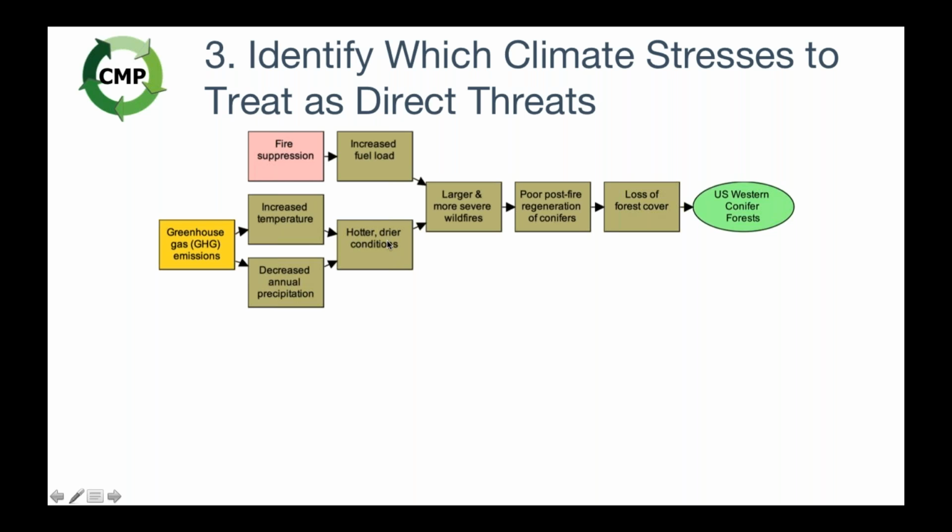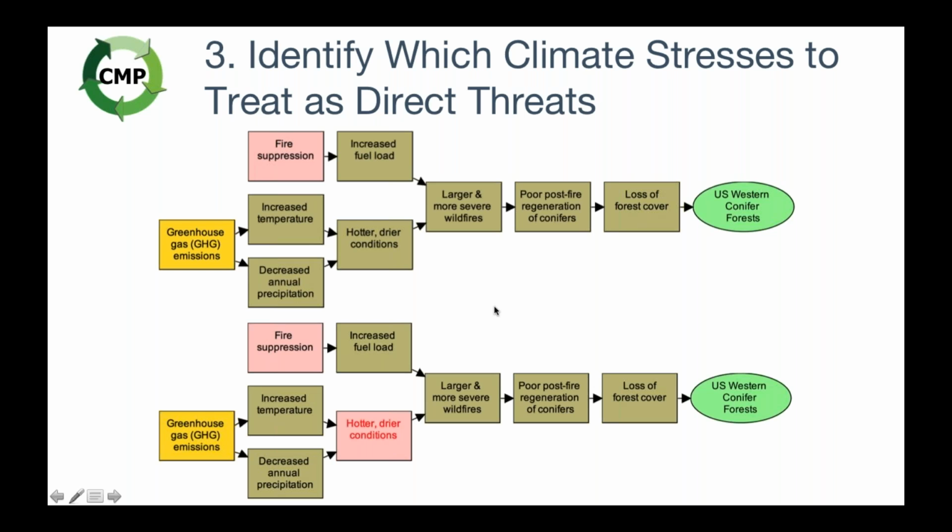So the hotter and drier conditions and the increased fuel load together cause your larger and more severe wildfires, which contributes to poor post-fire regeneration of conifers and, in some cases, loss of forest cover. So the forest is supposed to have a certain range of fires, of intensity of fires, and we're getting more intense fires, and so that is causing a loss of the forest cover.